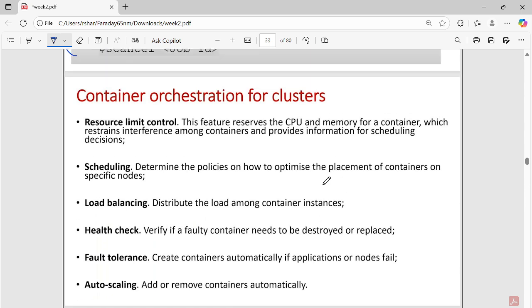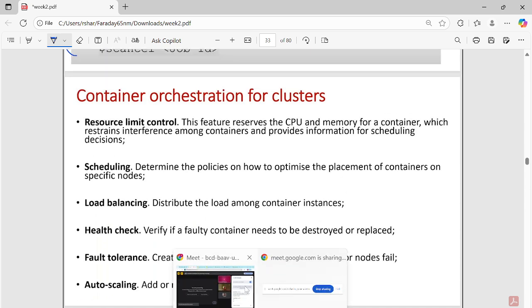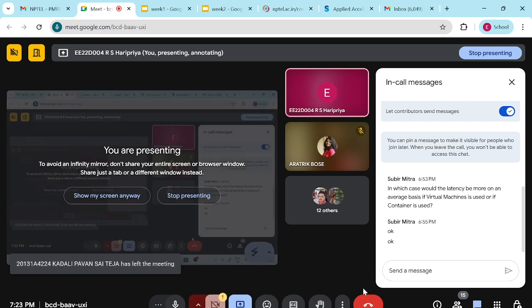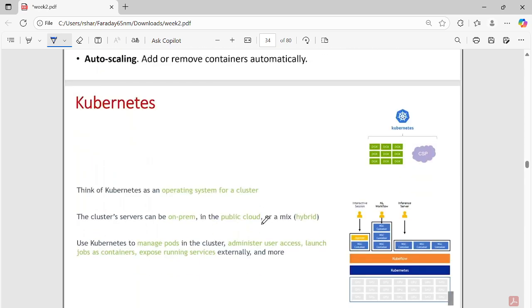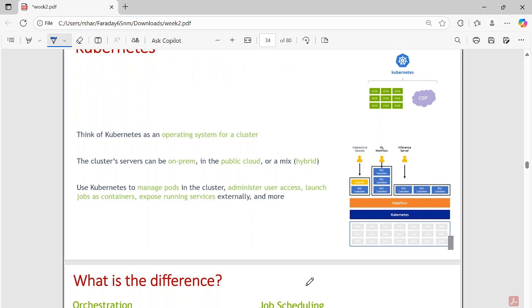Container orchestration for clusters. The next topic is Kubernetes.